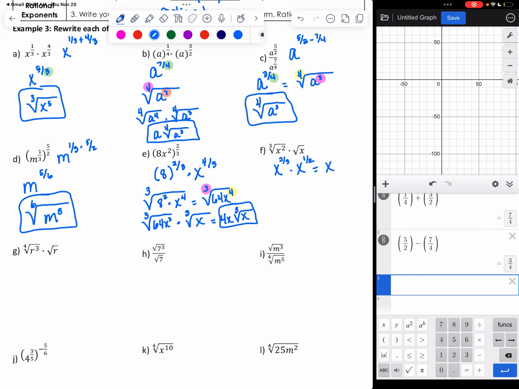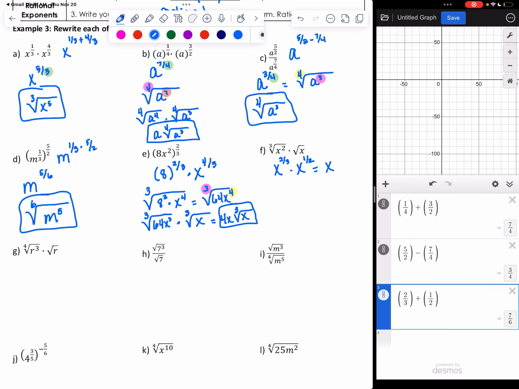So I'm going to take 2/3 and I'm going to add 1/2. And that would be x to the 7/6 power. So this would be the 6th root of x to the 7 power.